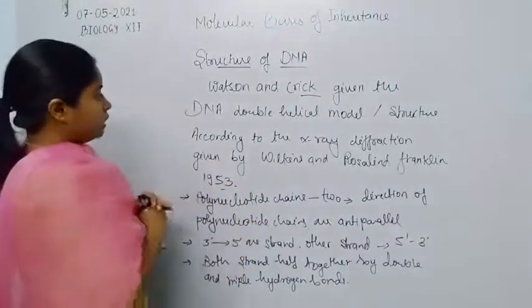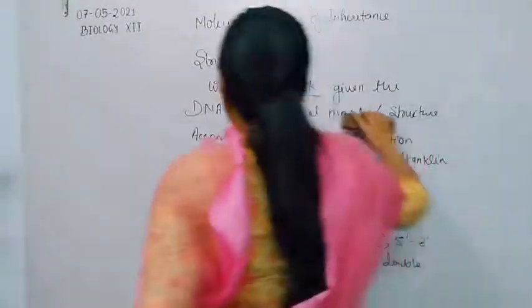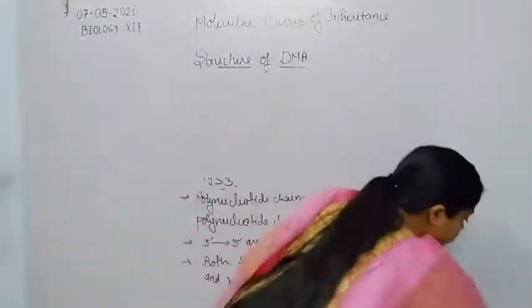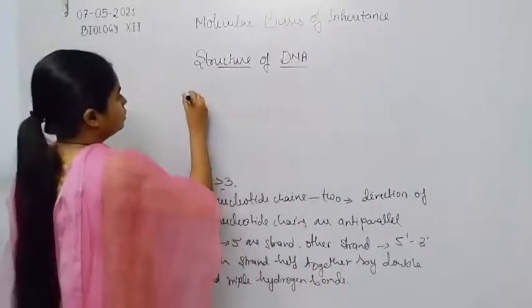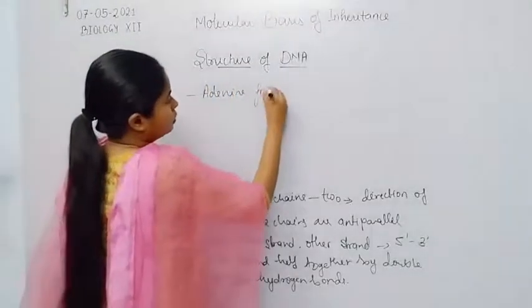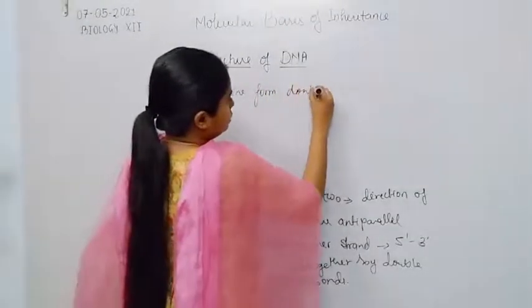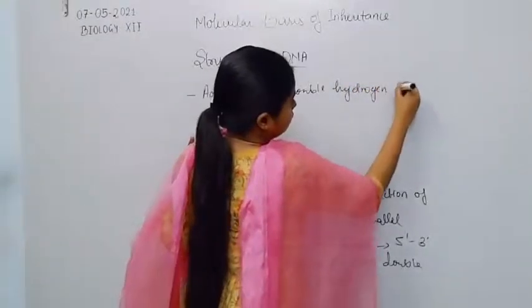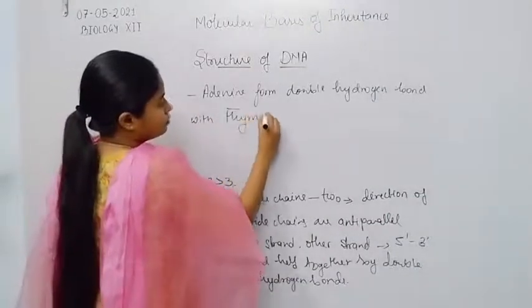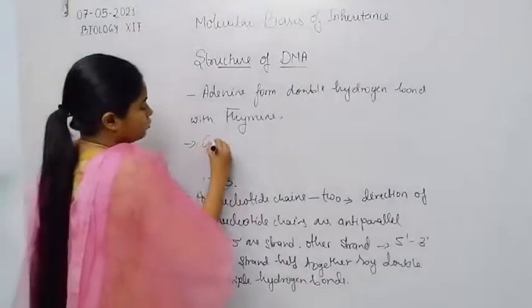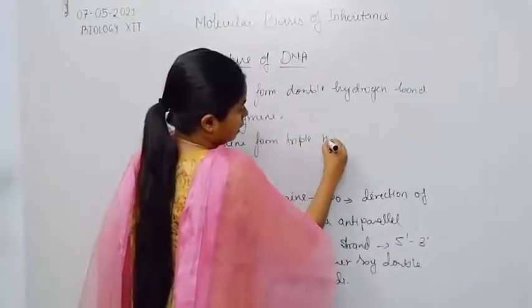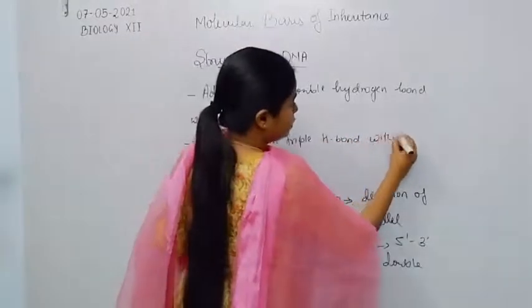So adenine forms a double hydrogen bond with thymine, and guanine forms a triple hydrogen bond with cytosine.